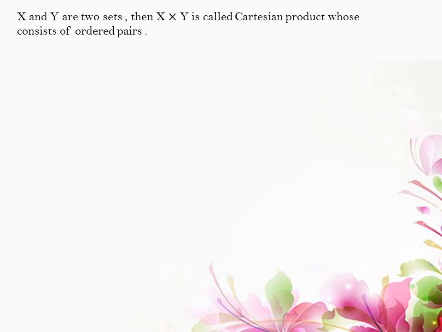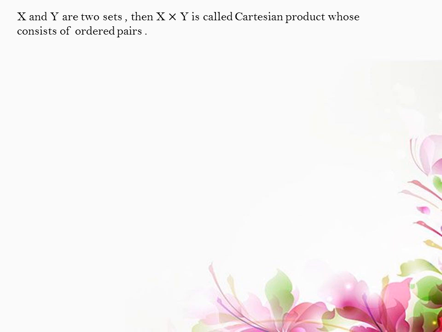It is an operation or relation between two sets, like X and Y. If X and Y are two sets, the Cartesian product of them is denoted by X × Y. X cross Y is called the Cartesian product and consists of ordered pairs formed from an element in the set X and an element from the set Y.